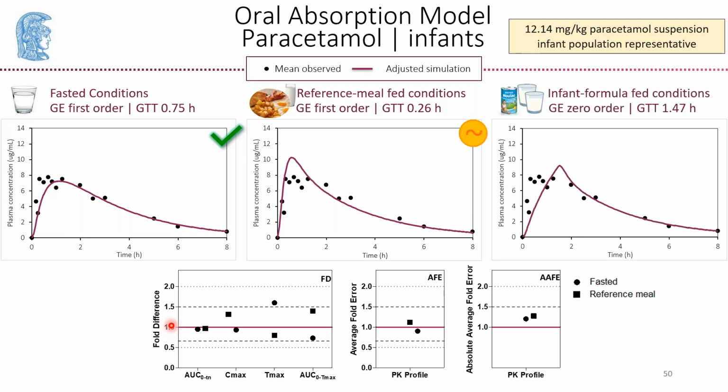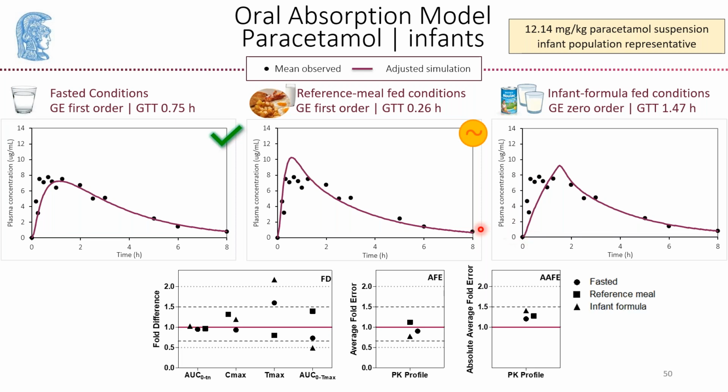Lastly, applying our infant formula fed conditions, using gastric emptying of zero order and the adjusted gastric transit time, we can see that our model overestimated the delay observed. So we can see we are mismatching the initial part, the absorption part.